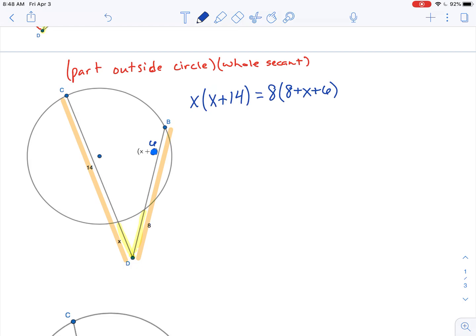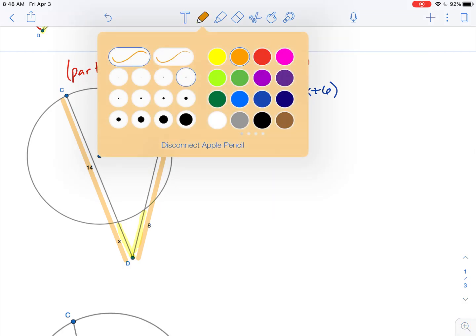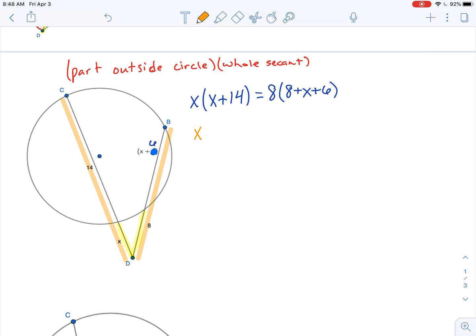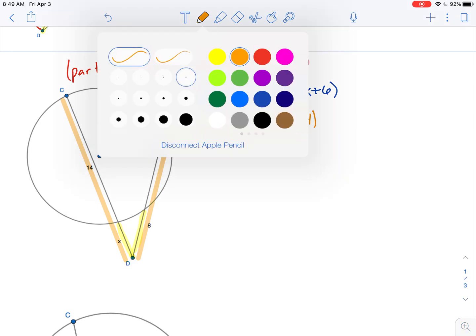And I changed that problem there to 8 plus x plus 6 instead of plus 3. So now I've got these 2 expressions. I set them equal to each other. And let me simplify the right side here. So x times x plus 14 equals 8 times x plus 14.